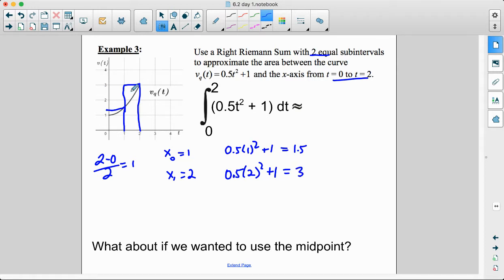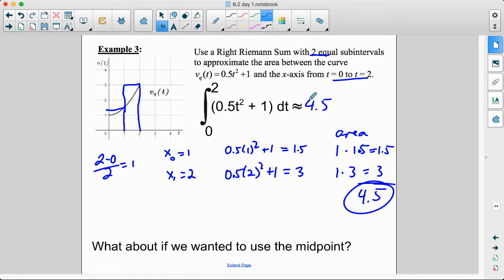And that corresponds with what you see on the graph there. And the area of each rectangle then would be 1 times 1.5, which is 1.5, and 1 times 3, which is 3. And you add them up. And so this approximate area is 4.5, which is much higher than what we had before, but you can see it's counting all of this extra area here. So this is an over approximation.